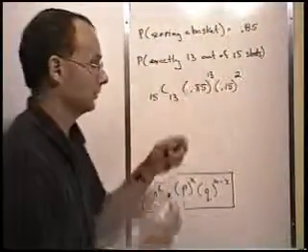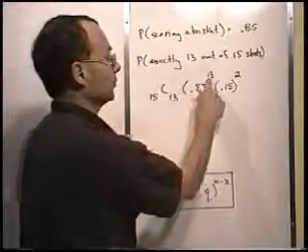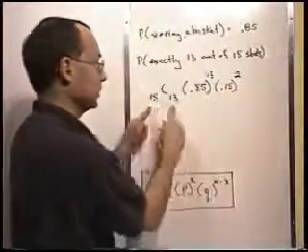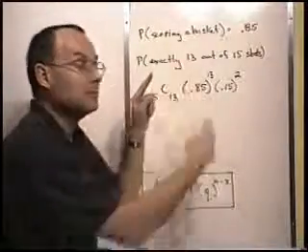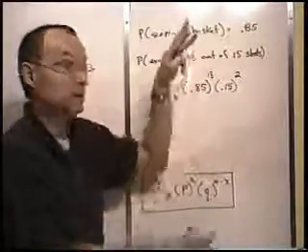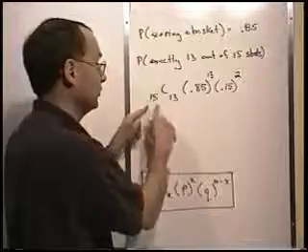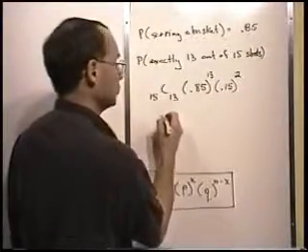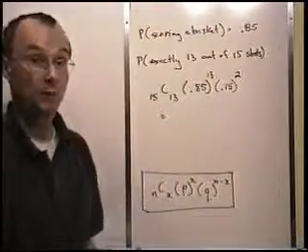So you think of 13 successes and 2 failures. There's your coefficient. That's how many branches there are altogether. Now you just throw it in your calculator, and you've got your probability.